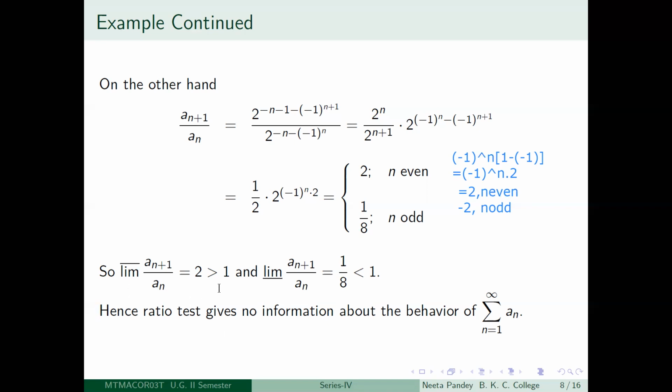Because if lim sup was less than 1, then you could have said that it is convergent. If lim inf was greater than 1, then you could have said that it was divergent. But here the opposite thing is happening, right? Lim sup is becoming greater than 1 and lim inf is becoming less than 1. So that type of thing is not going to help you at all.